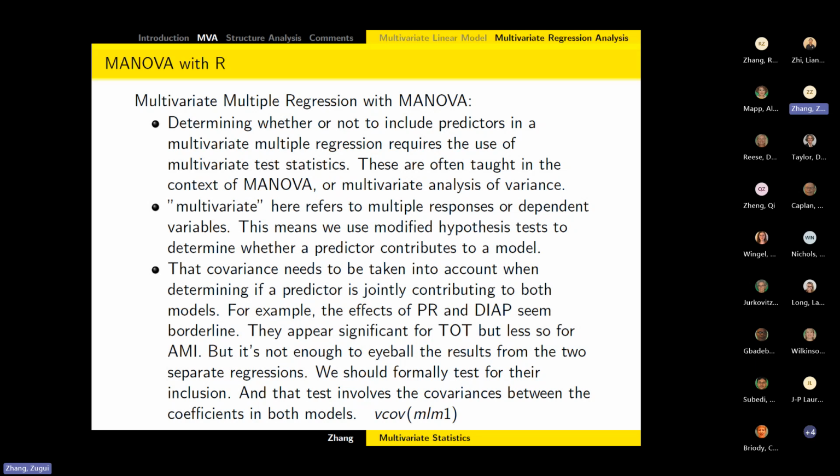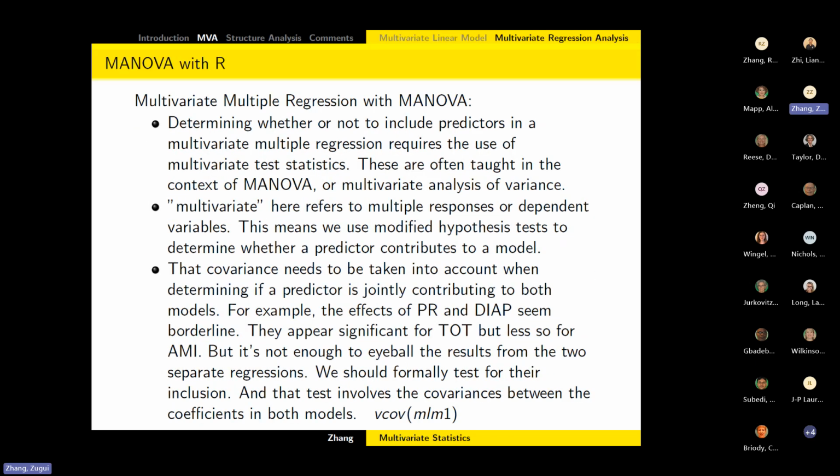Covariance needs to be taken into account when determining if a predictor is jointly contributing to both models. For example, the effect of some variables may be borderline: they appear significant for one outcome, but not for another outcome. So it's not enough to just look at the ANOVAs separately. We need to formally test for their covariance. This is the reason the test involves the covariance between the coefficients in both models.